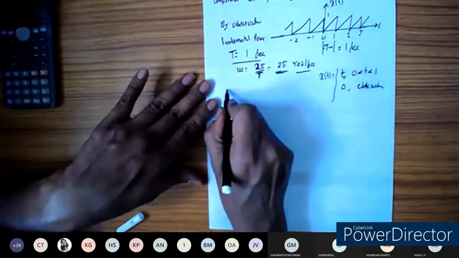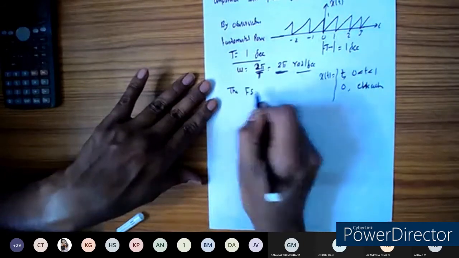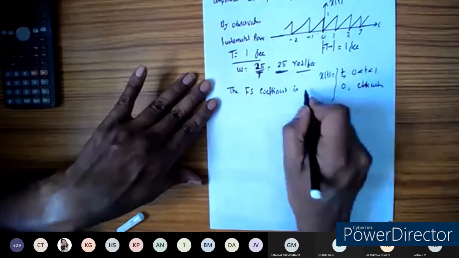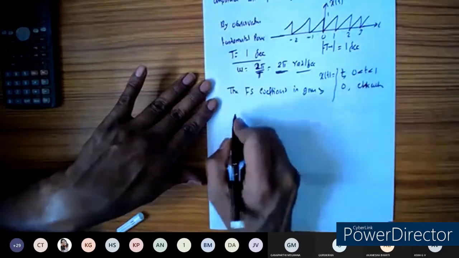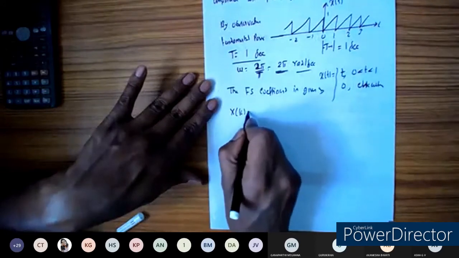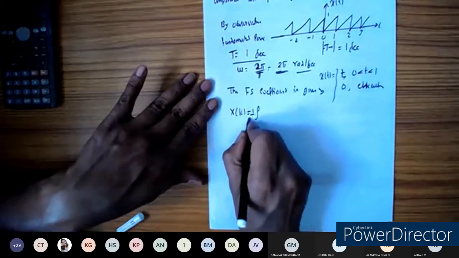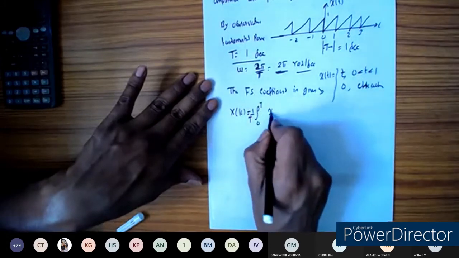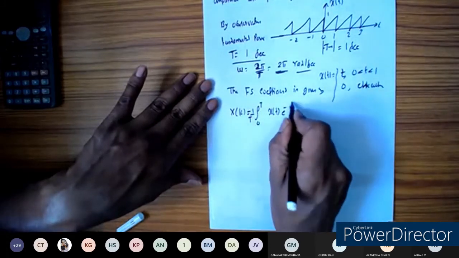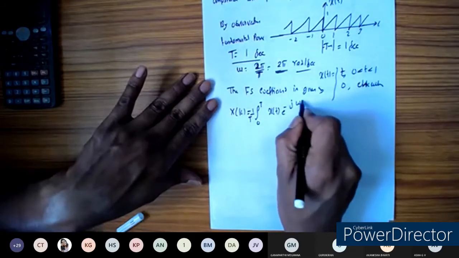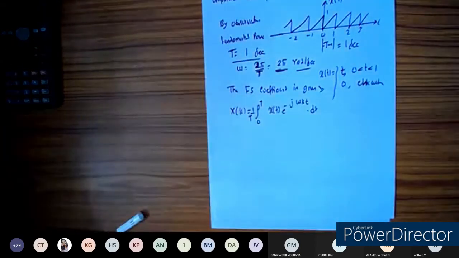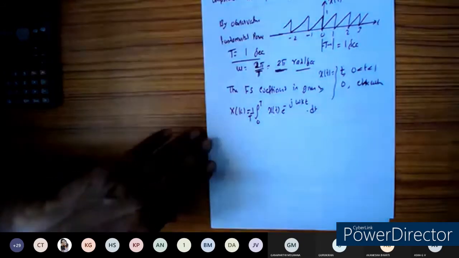The Fourier series coefficient is given by x of k equals 1 by T into the integral from 0 to T of x of t into e to the power of minus j omega k t dt.